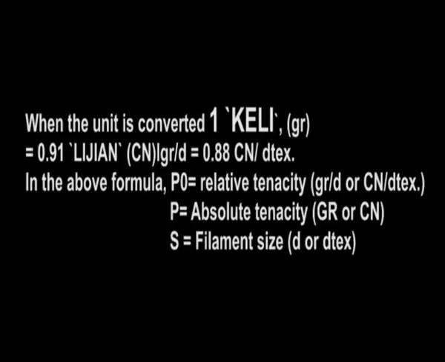In the above formula, PO is equal to relative tenacity, that is grams per denier or cN by dtex, where P is equal to absolute tenacity in GR or cN, and S equals filament size in D or dtex.